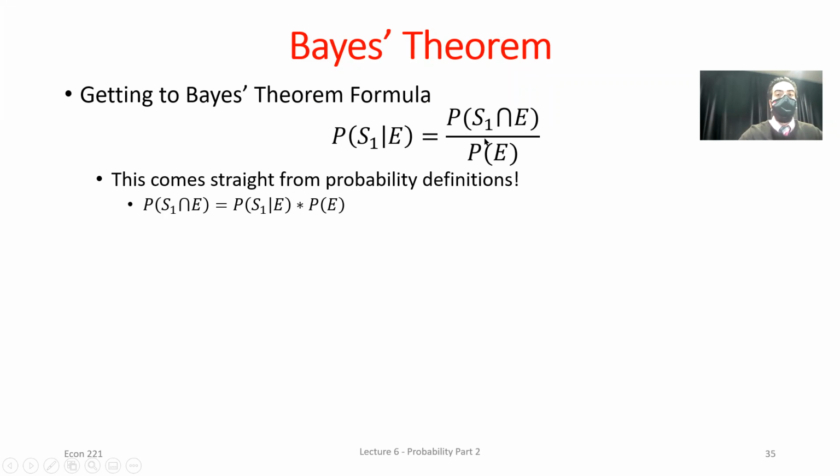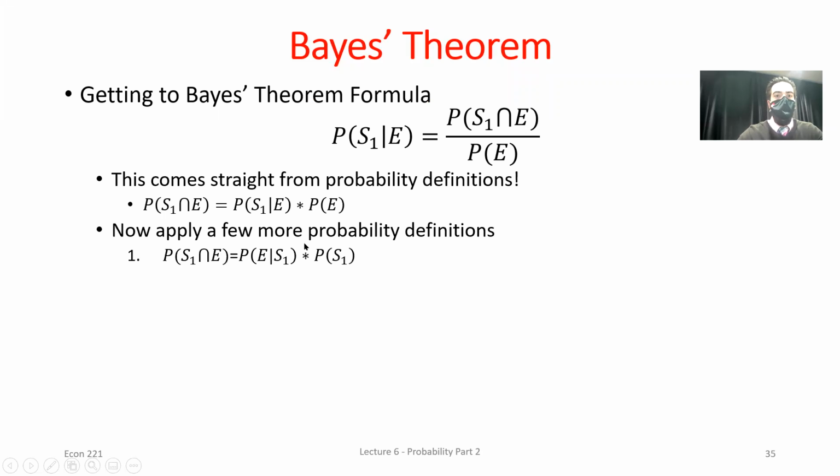So this intersection of the two events, I can rewrite as the conditional probability times the probability of what I'm conditioning on. Right? So if I want to break this down even further, I've got this conditional probability times the probability of what I'm conditioning on, the probability of E. Well, I can break that up into the probability that someone gets a positive test result and has the disease, plus the probability someone gets a positive test result and doesn't have the disease.